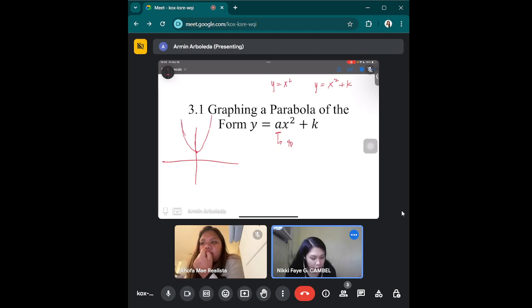So, you have a certain distance here, which is letter A, and your focus. This point is your focus. And then, the same amount of a on the opposite side, you have an imaginary line, which is your directrix.